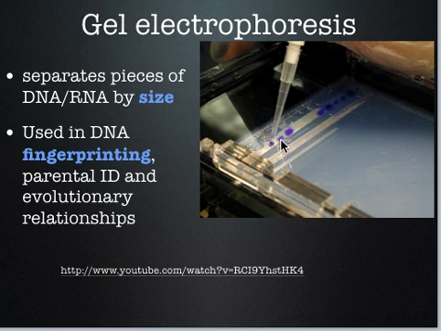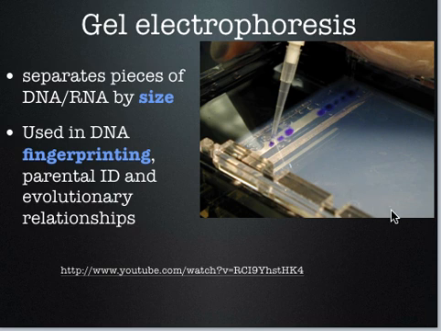Once you put the DNA in, which is colored purple here, you can actually hook it up to electricity, and DNA is negative. So we load the DNA at the positive end, like on a battery, that's the red side or the plus side. And then we plug it into the power supply, and the DNA will leave the positive side of the gel and will move through the gel towards the negative side.